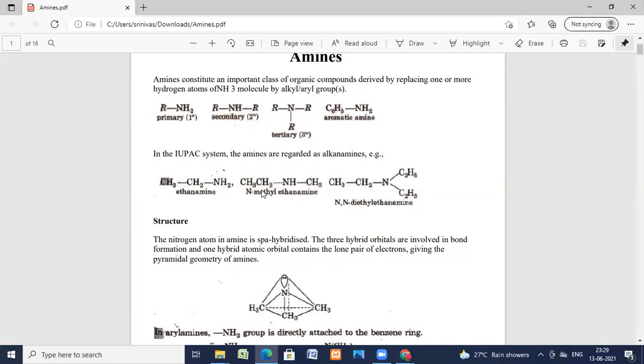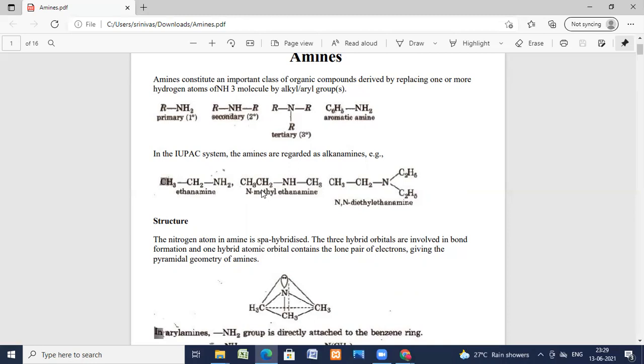The ammonium ion is a tetrahedral symmetrical ion. If all four hydrogens of the ammonium ion are replaced by alkyl groups, we get the tetraalkyl ammonium or quaternary ammonium salt.